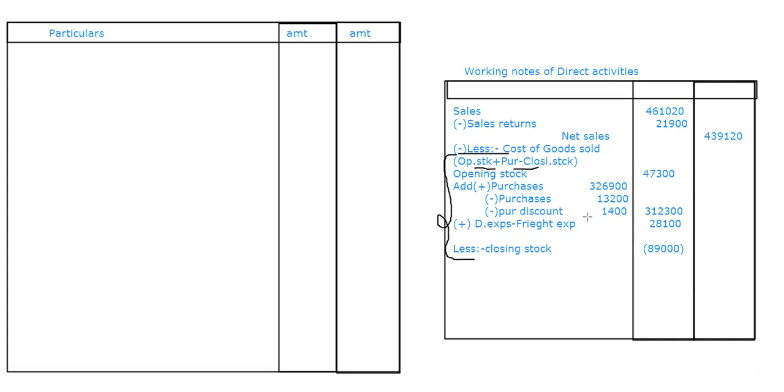So here we have got this one. Now what you're going to do is these three things you will add and this one you will minus, because opening stock plus purchases plus direct expenses minus closing stock. So these three you will add, and this one you will minus, and tell me how much is the amount in the outer column.